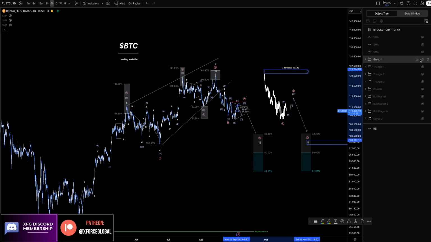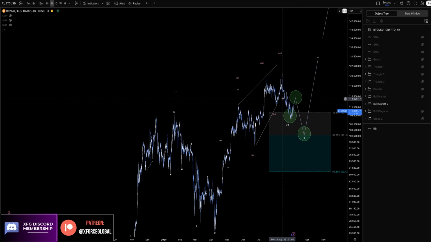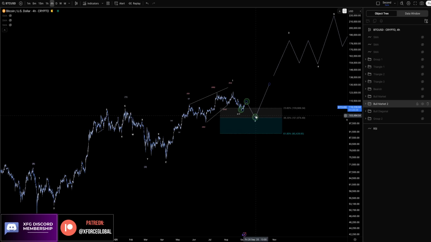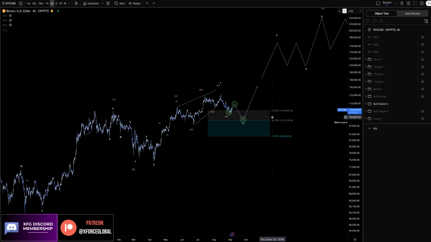Because if you go back to that previous video that I mentioned, we talked about this leading diagonal going into this wave one, and if it ended too soon, there was nothing wrong with it. It just doesn't fit necessarily from a timing perspective. This is why the 23.6% is usually a little bit too short in my opinion.